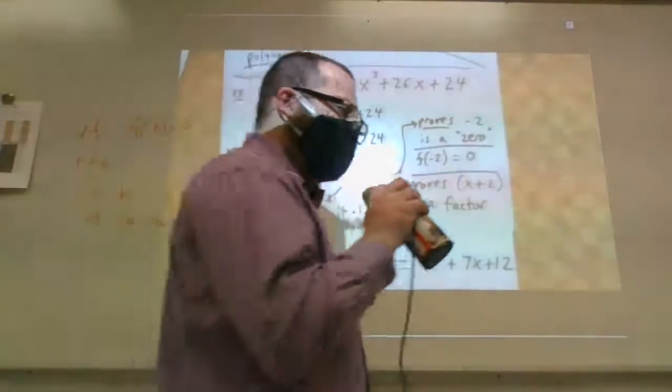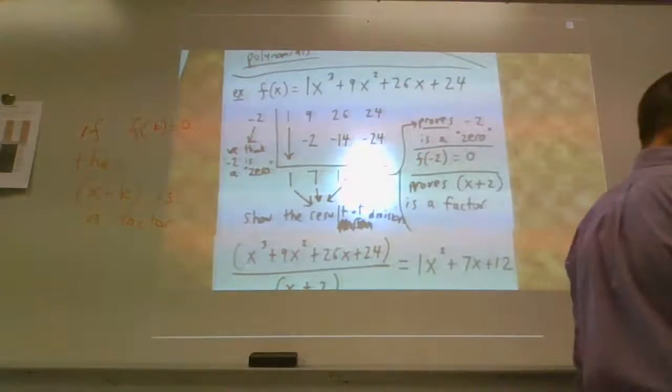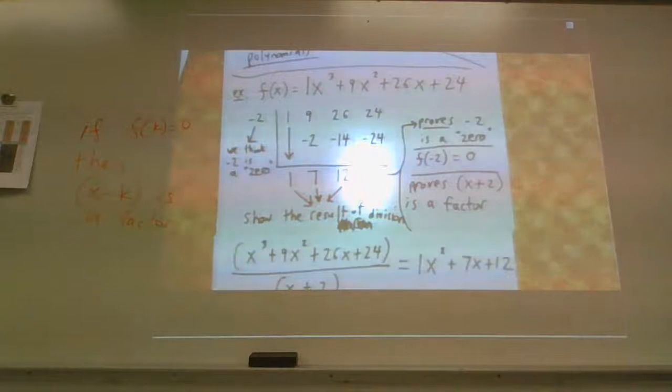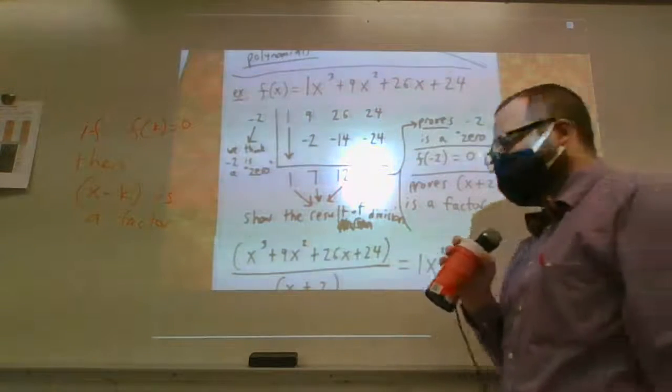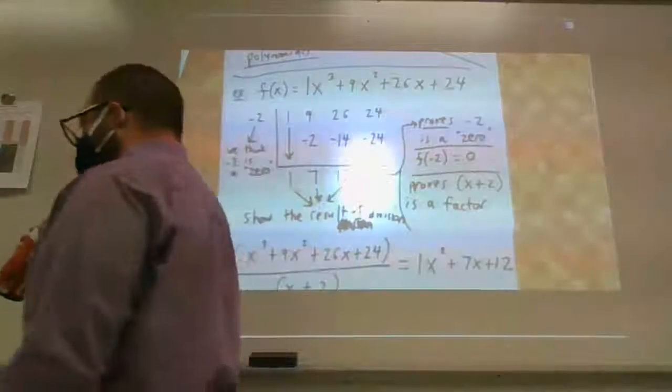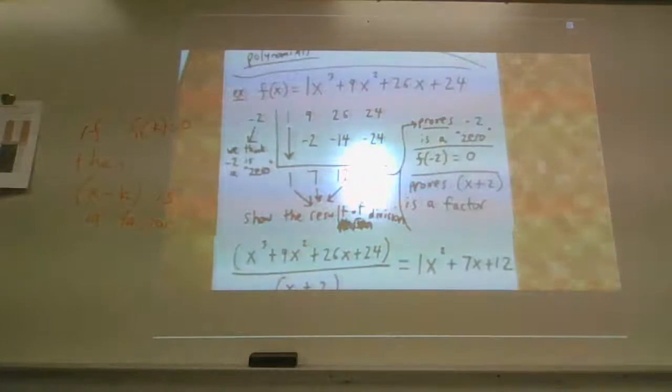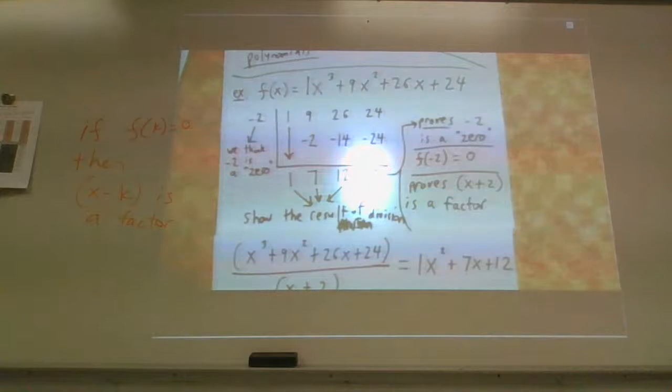Because what you are going to do, regardless of what I ask, is break that polynomial down into its prime factors. Whether you're graphing, solving, or factoring, you're going to have to break it down into its prime factors. So far, we found one factor.